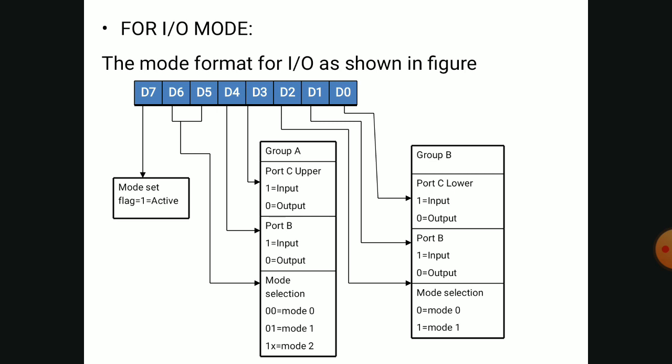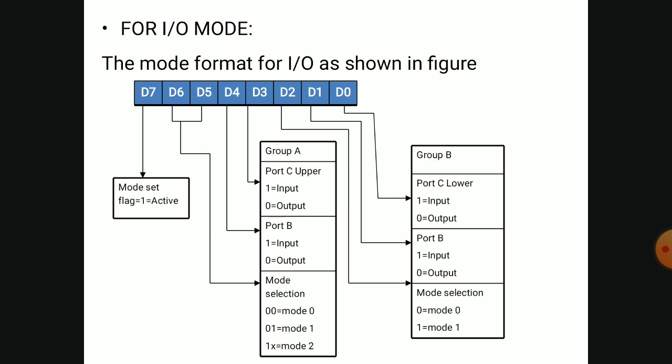That's why here in the mode selection we have only two choices. For 0, mode 0. For 1, mode 1. There is no option for group B in mode 2 operation. That is about the D2 bit.